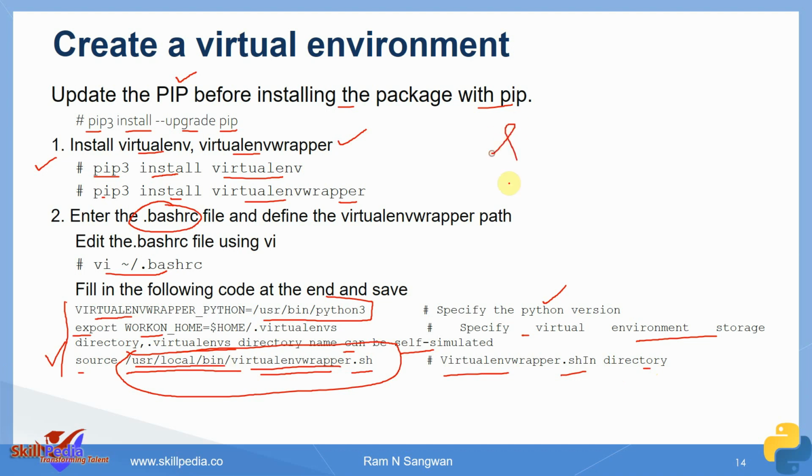The command is find / -name virtualenvwrapper.sh -print. That will give you where this file is located. In my case, RHEL 7 and Oracle Linux 7, this file is located at this path. This is generally the problem area sometimes.